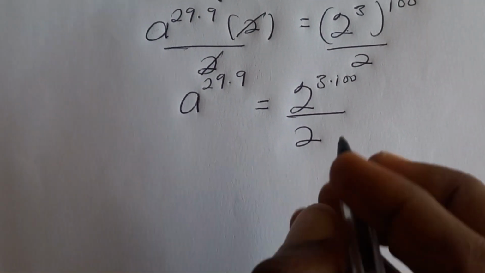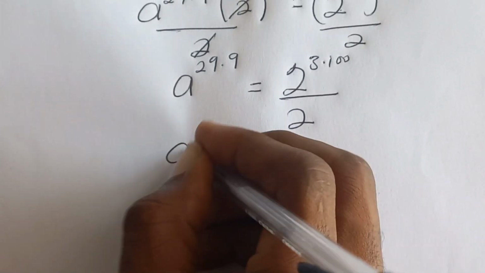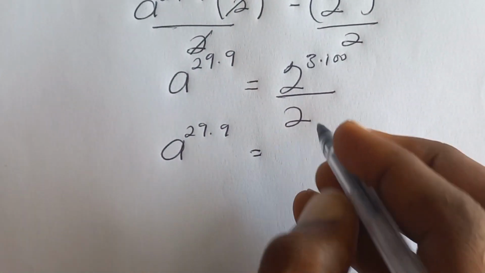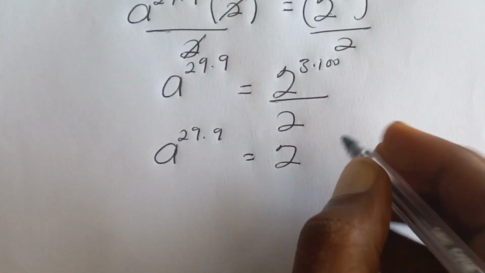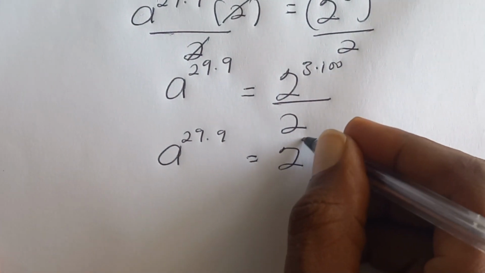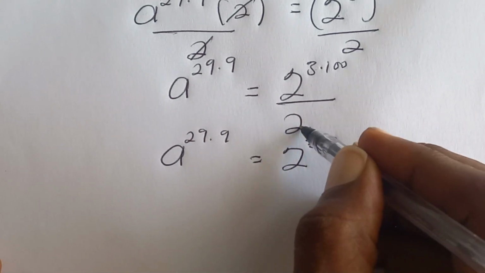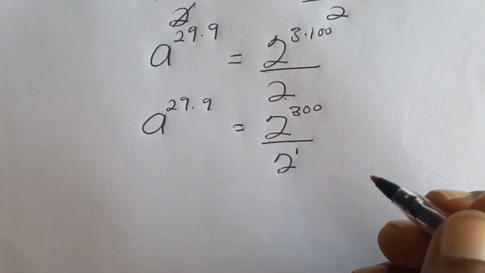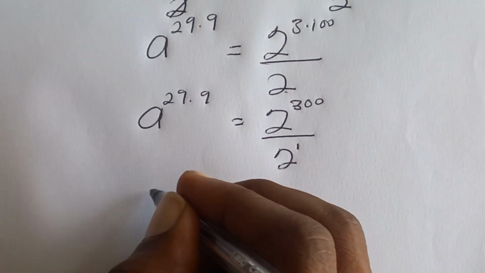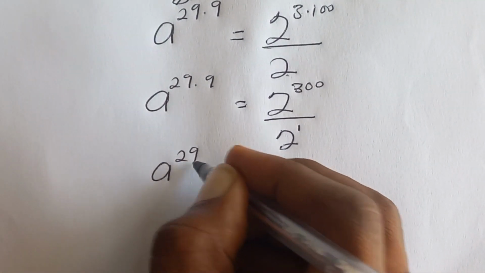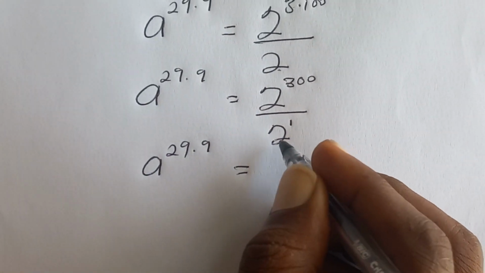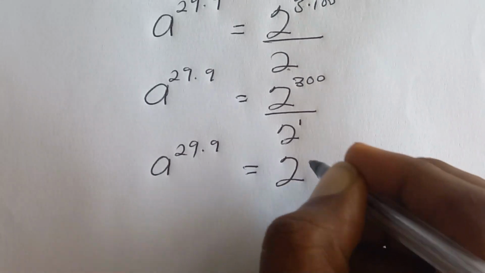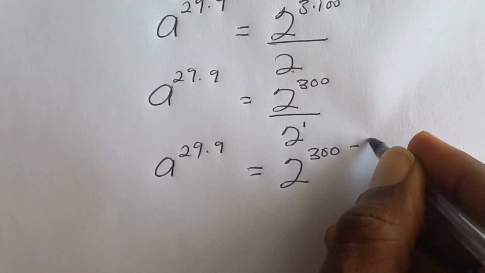Let's go ahead and simplify this. So we are going to get a^29.9 is equal to 2 exponent 300, and then this will be 2 exponent 1. Now, this is division, so we can rewrite it as 2 exponent 300 minus 1.